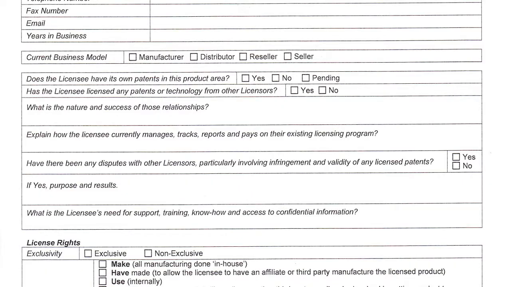And then I've got on here, what is their support and what is their need for support for training on the product, know-how and access to information. When you talk to a prospective licensee, keep in mind why the patent information is on the first page.